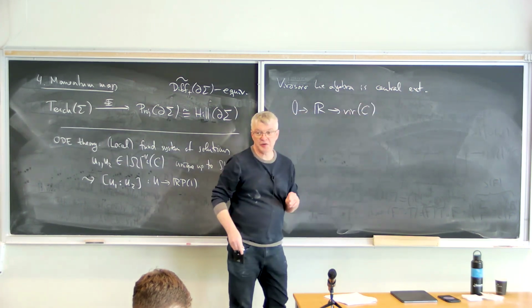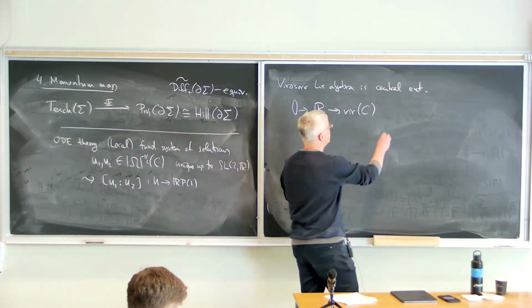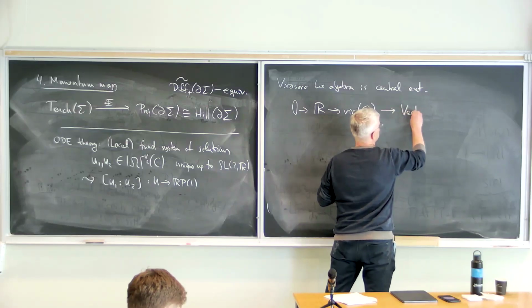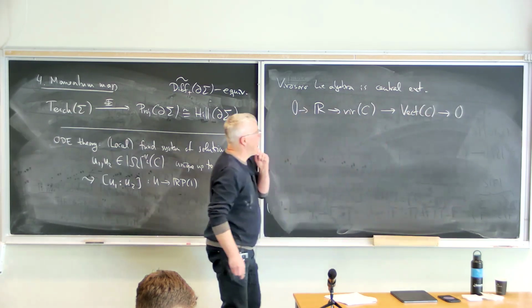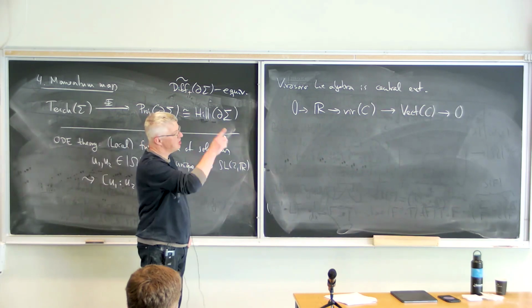So I'm going to do the Virasoro Lie algebra again, coordinate free. So again, my C is in the picture. Vector fields on C. Right, and how to describe it? Well, central extensions like this.